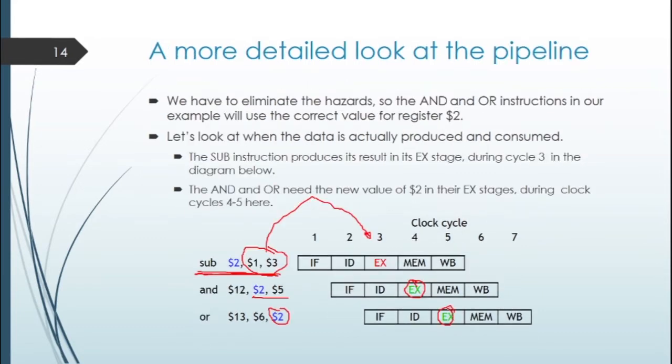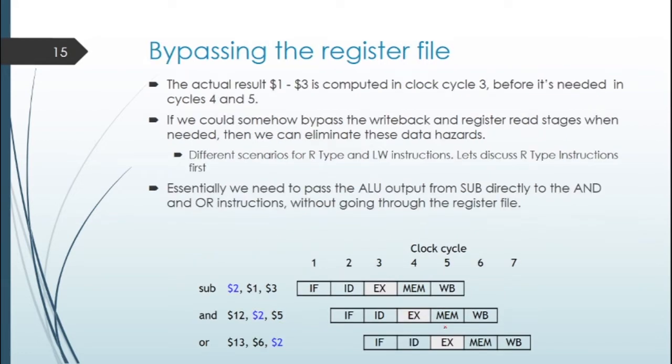So this is where register number 2 is used in the fourth and fifth clock cycle for the next instructions. This can be helpful in designing our processor, so that we can avoid any extra delays if there is a dependency like this. We can bypass the register file, we can bypass the actual write back operation, and use the data that is stored in the previous stage, the result of EX.